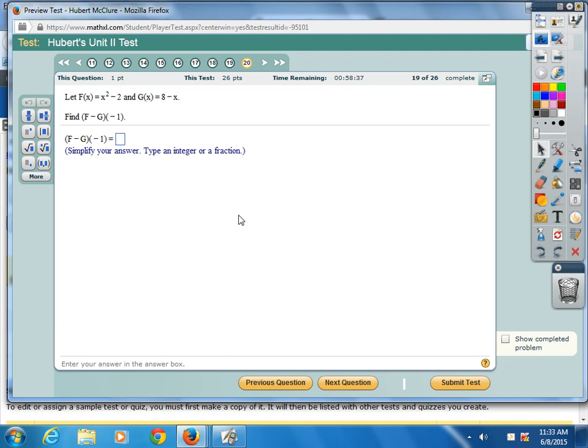Or you could subtract x squared minus 2 minus 8 minus x and then plug and chug. You can do it either way. It doesn't matter. You'll get the same answer. People do that and they come up with a different answer.